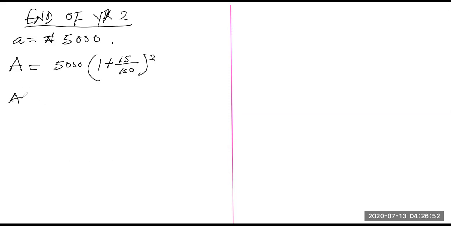So the amount at the end of the fourth year which this annuity can generate is approximately 6,612 naira.